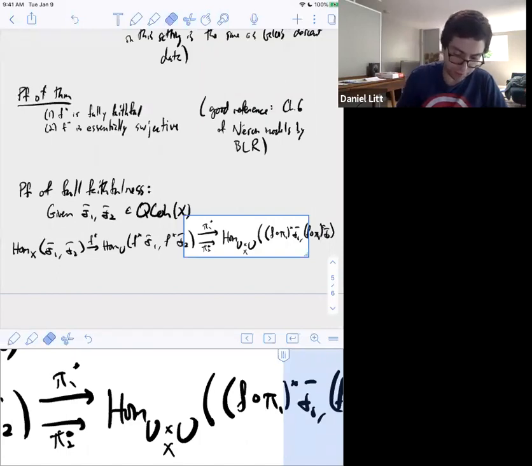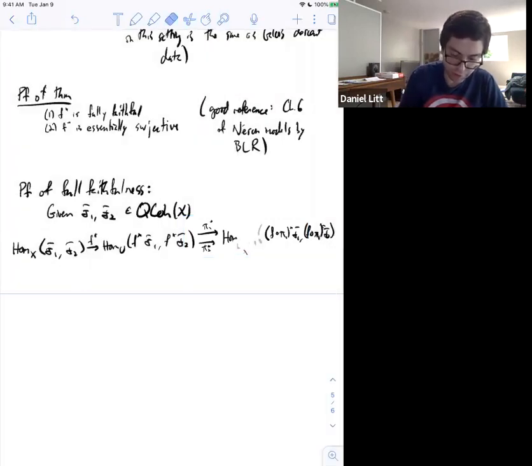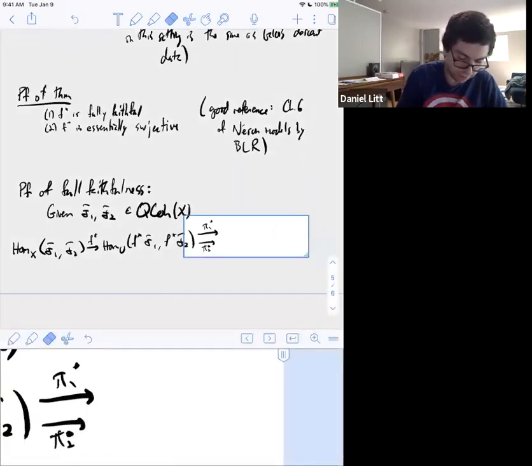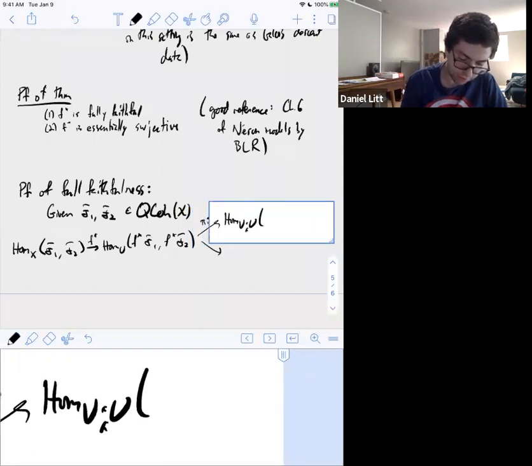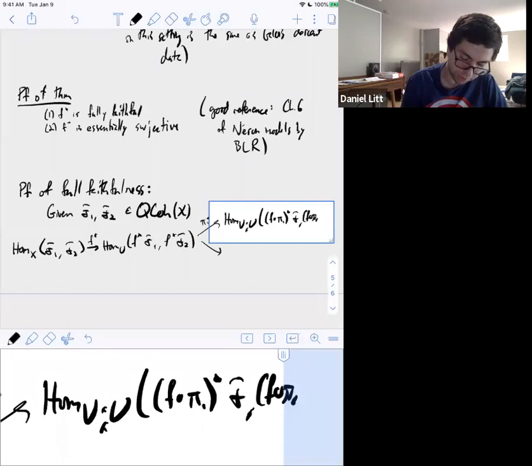Let me write this in a slightly different way, which I think will clarify things a bit. We have one map, which is pi1 star, which goes to Hom on U cross U over X of f composed with pi1 star f1, then composed with pi1 star f2.